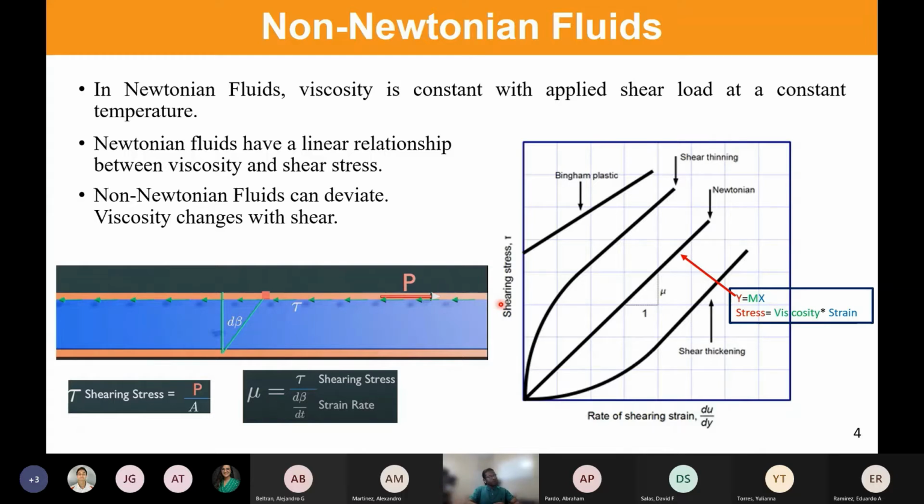So the definition of strain is the difference of dimension between the initial length and the final length, right? But the concept of initial length doesn't have any significance when it comes to liquid, because it's constantly changing.